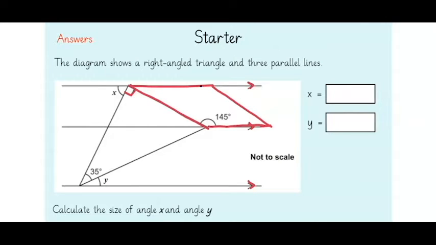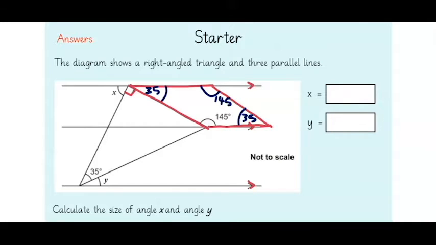So this angle here will be the same as 145. Because we know that there are 360 degrees inside a quadrilateral, we can work out what these two missing angles are as well. There'll be 35 degrees. Now, all of those angles inside that parallelogram add up to 360.